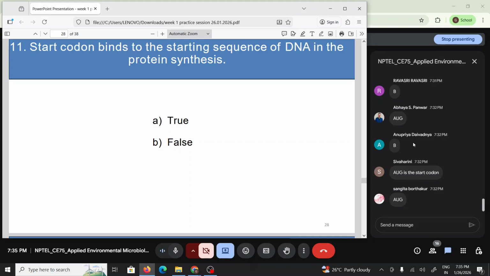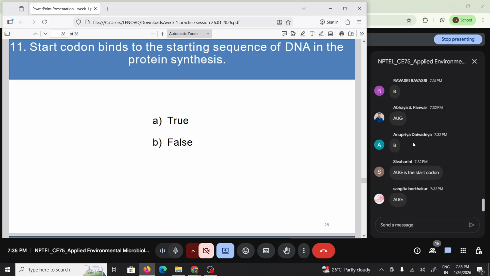The statement given here is: start codon binds to the starting sequence of DNA in protein synthesis. First of all, if you consider only the translation part, there is no DNA involved here. We have two processes. The first step is transcription, where your DNA is converted into a messenger RNA, or mRNA.